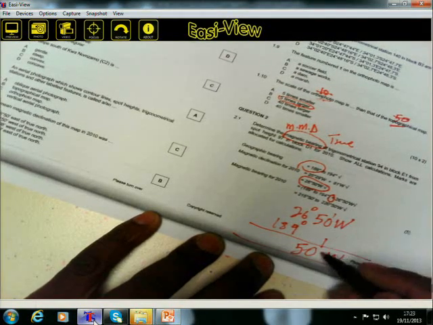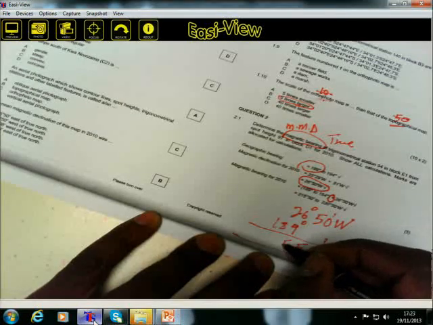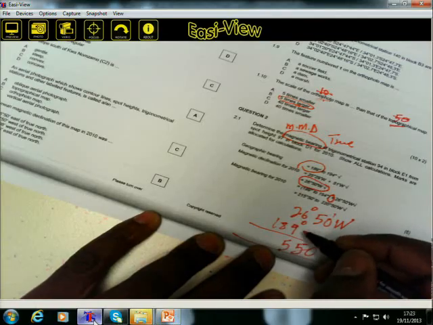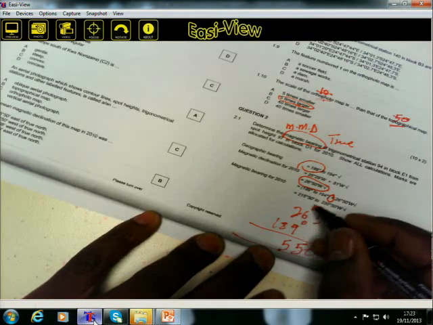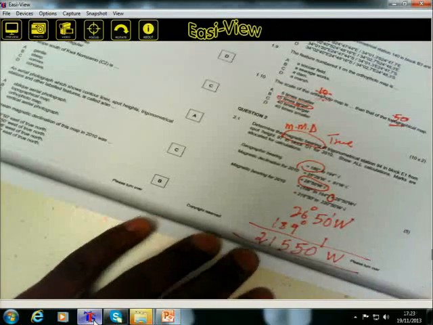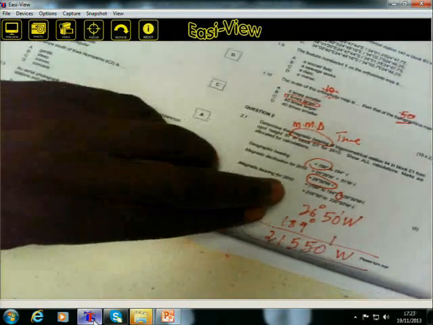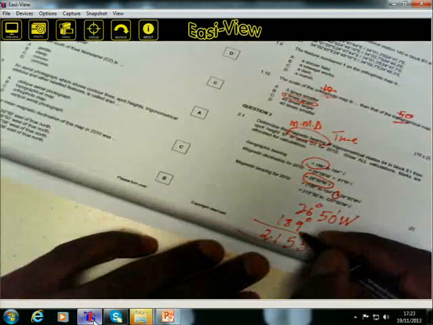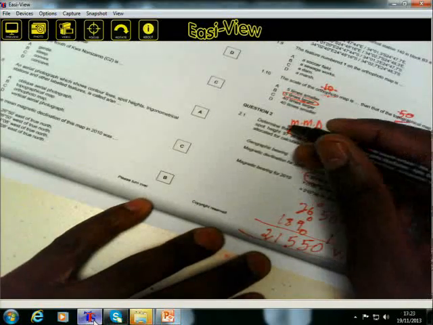You've got 50 minutes, you bring it down. 9 plus 6, it will give you 15. And then you carry 1. This 8 plus 2 is 10 plus 1 is 11. Then you've got 215. 189 plus 26, 215 degrees. This is what? Magnetic bearing.